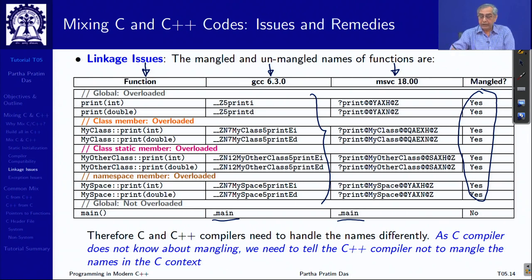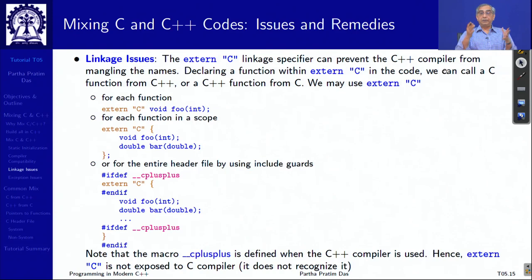So, this mangling really makes it difficult, because your C linker does not know about mangling. There is no mangling in C. Whereas your C++ linker will always have to deal with mangling. So, when you want to use a C function in C++ or otherwise, you will have to instruct the C++ compiler not to mangle, and also tell the C++ compiler, if you are using a C function, that it is not a mangled name, it is a pure name.